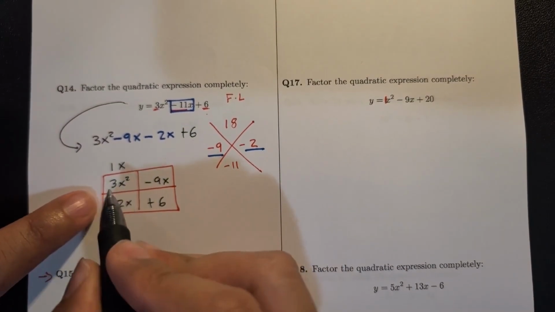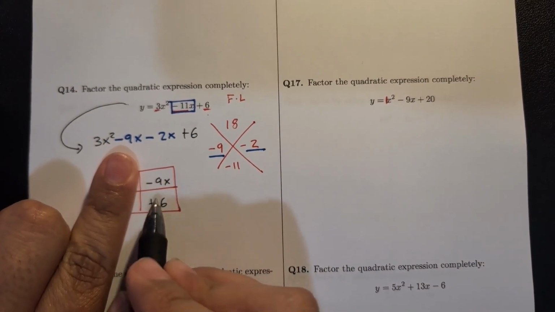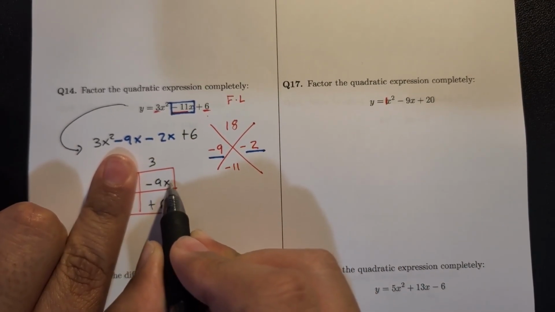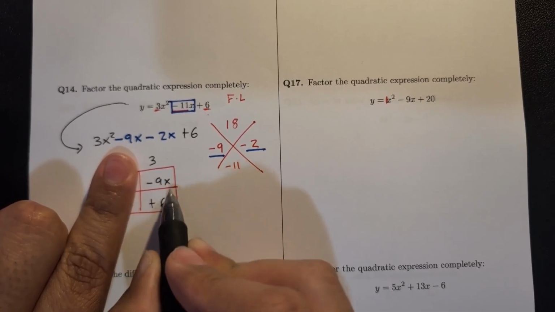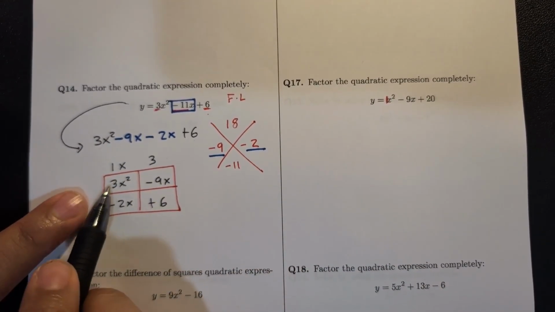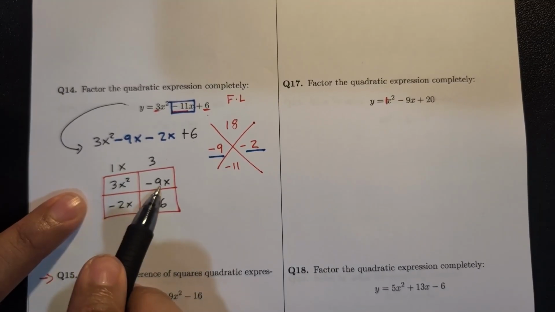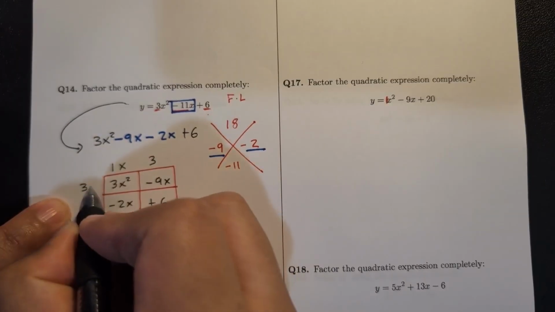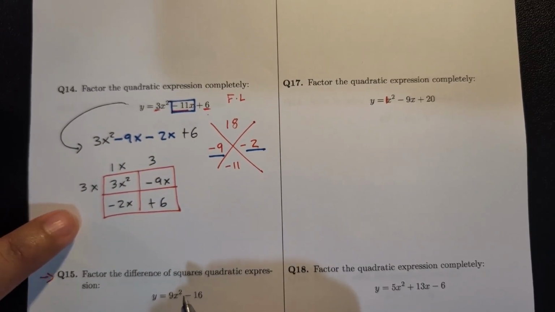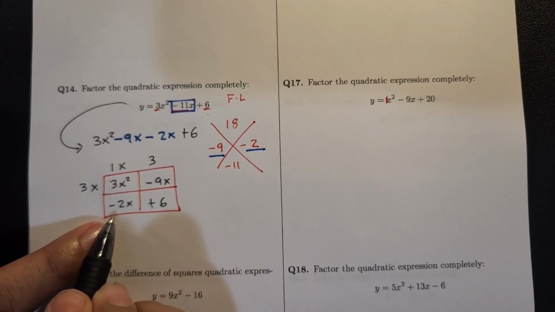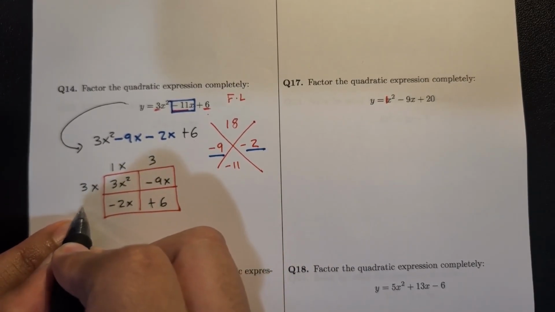Now looking at this row, I can take out a 3 and I cannot take out any x's. I can take out an x from the top one, but not the bottom one. So I can only take out 3. Next, between 3 and 9, I can take out a 3 and I can take out one of the x's. Now here, between the 2 and the 6, I can take out a 2.